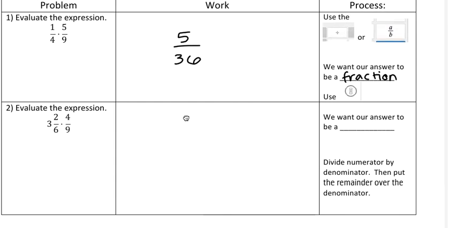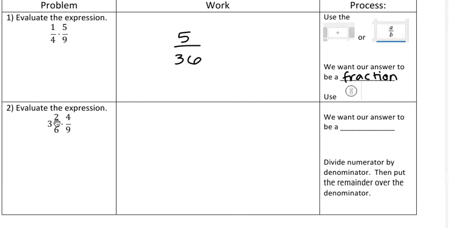Okay, problem number 2. I have 3 2/6 times 4 ninths. 2/6 isn't simplified, but that's okay. Again, we're going to want our answer to be a mixed number this time, I think. We'll see. Either a mixed number or a fraction.